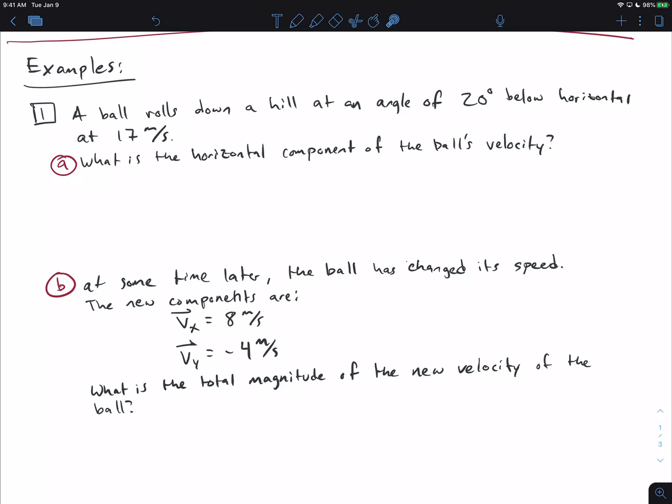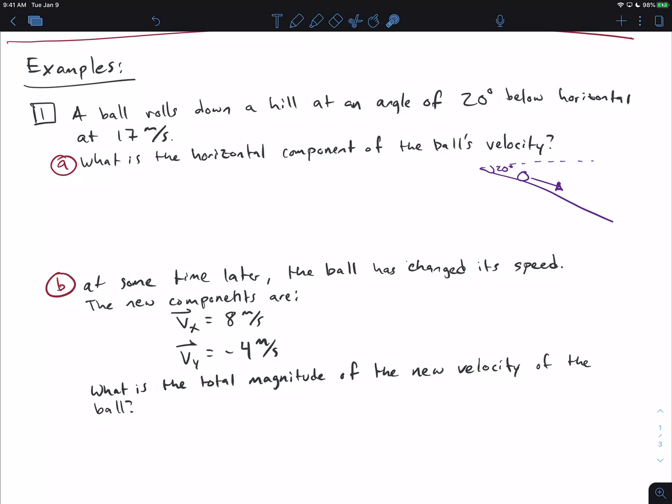So like we discussed earlier, we're going to draw a picture here so we keep track of what's going on. Okay, so let's say we have a ball. It is rolling down a hill, and here I'll draw this a little bit higher so you can see, but there's actually an angle of 20 degrees that we have from the horizontal.